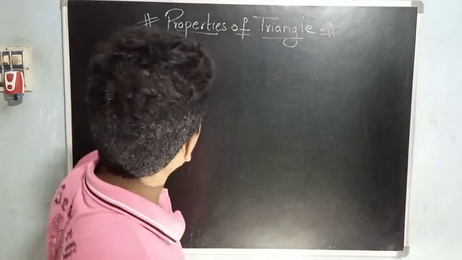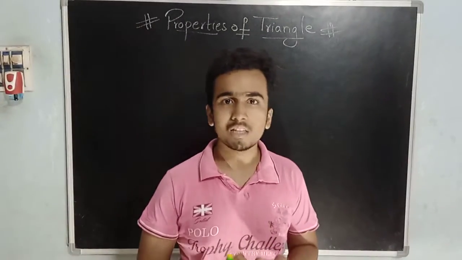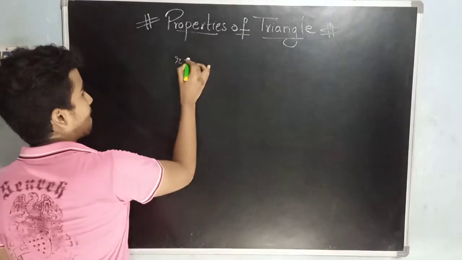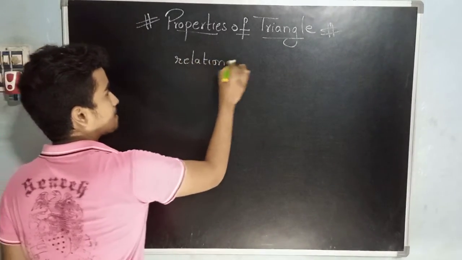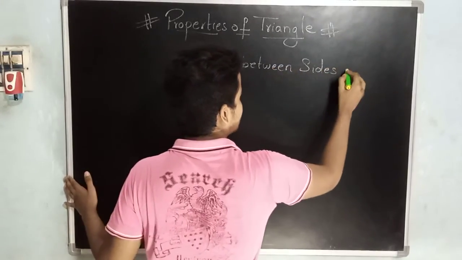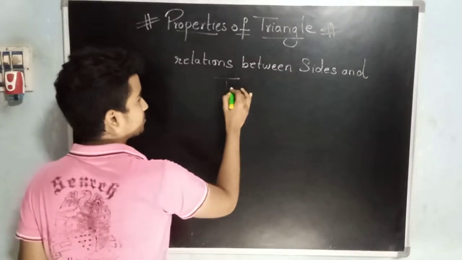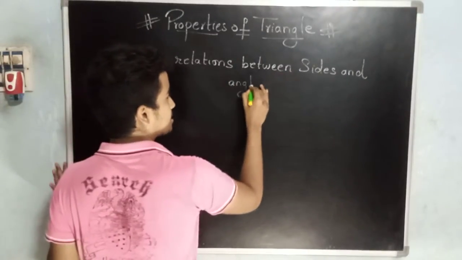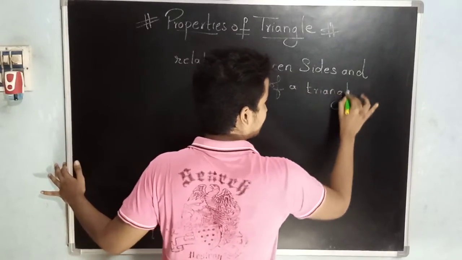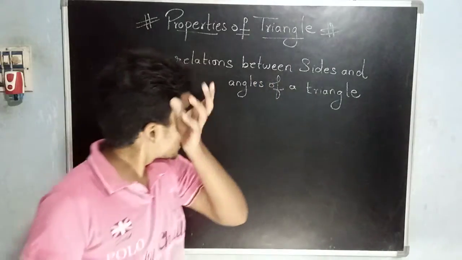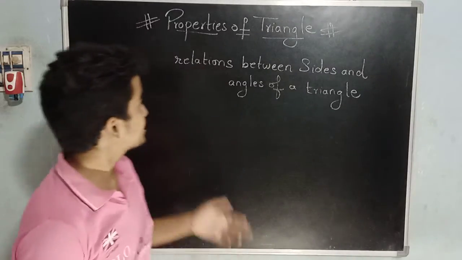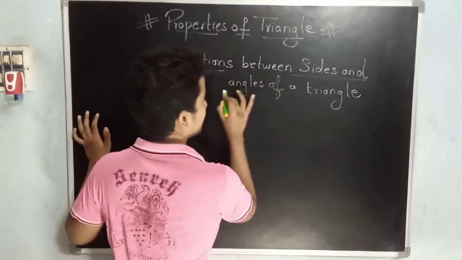In properties of triangles, the aspects that we are going to learn are all related to the relations between sides and angles of a triangle. Most of the formulas we come across explain the relation between the sides and angles of a triangle.